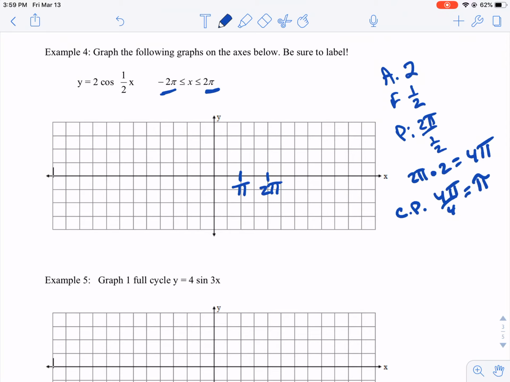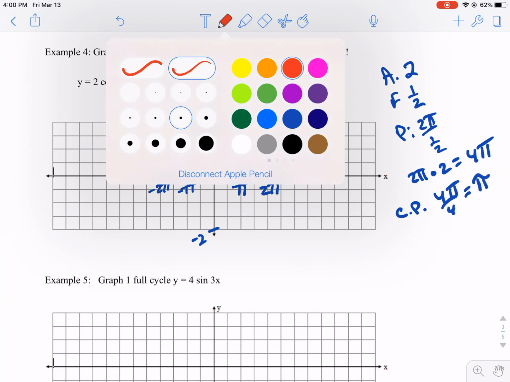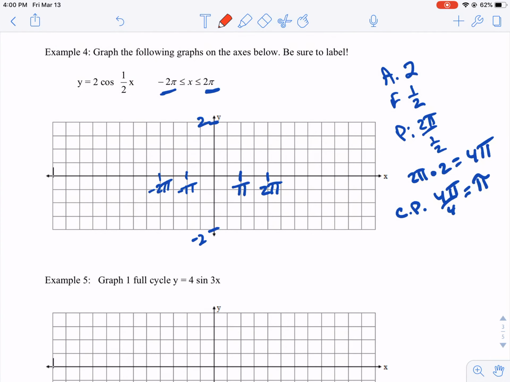Now since my period is 4 pi and I'm only graphing to 2 pi, I know I'm not going to see my entire cosine curve. Oh well, I'm doing what they want. Negative 1 pi, negative 2 pi. Okay, amplitude's 2, so that's 2, and that's negative 2. And now we remember the pattern. Cosine graphs make V's.